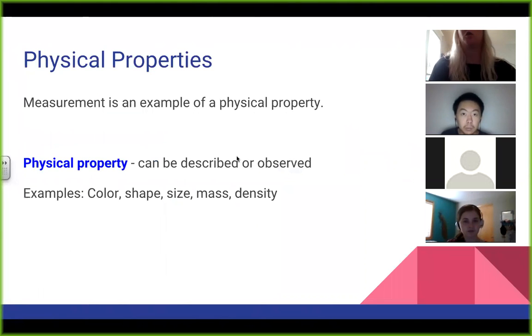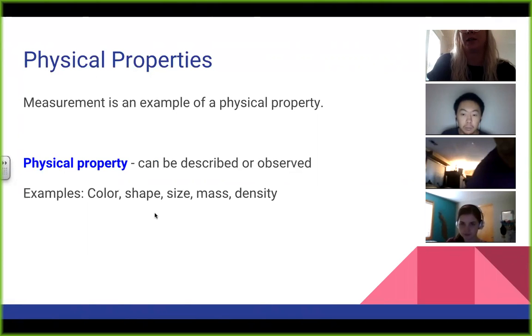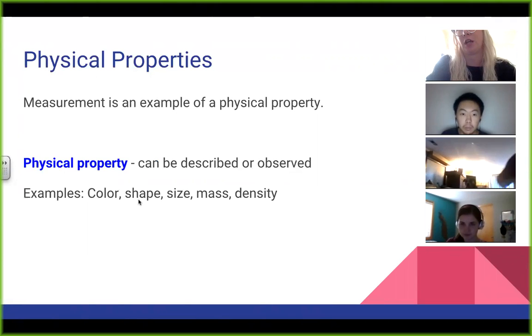So physical properties are related to this in the sense that measurement is an example of a physical property, right? Physical properties can be described or observed. So examples would be the color, the size, the shape, the mass, the density. These are things that aren't changing usually, right? Unless you cut it or something like that, then obviously the shape and size might change.